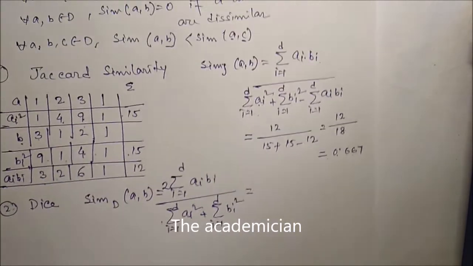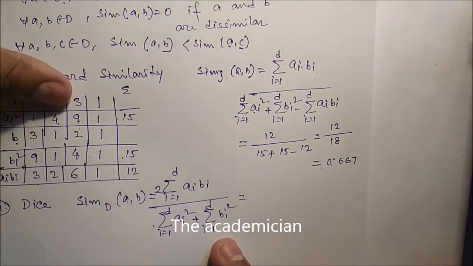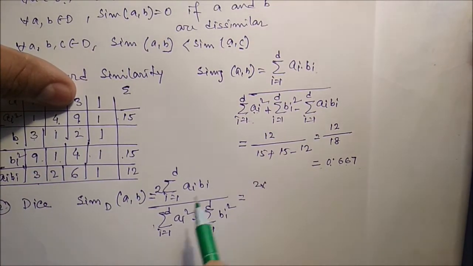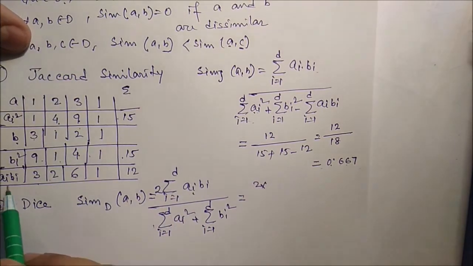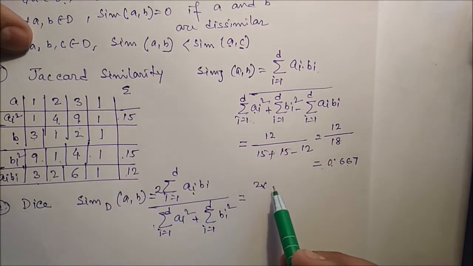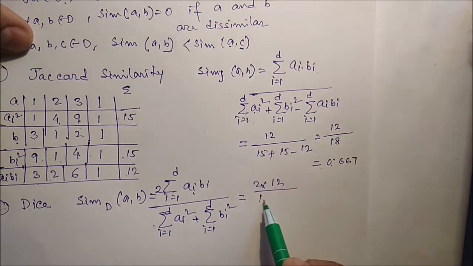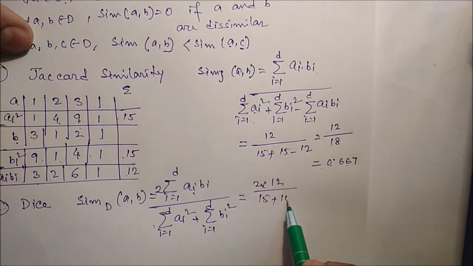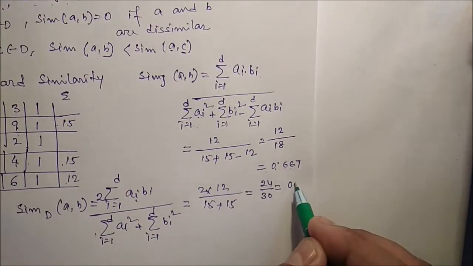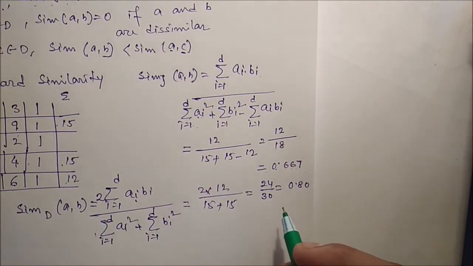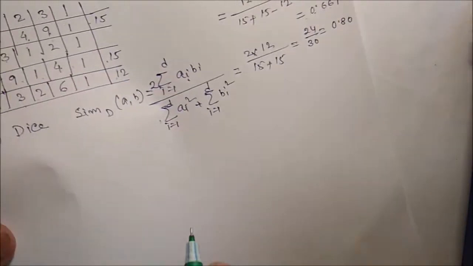We can apply the same data set for calculation. So 2 into summation of AiBi, that is 12, divided by Ai square, that is 15, plus Bi square, which is also 15. The answer is 0.80.